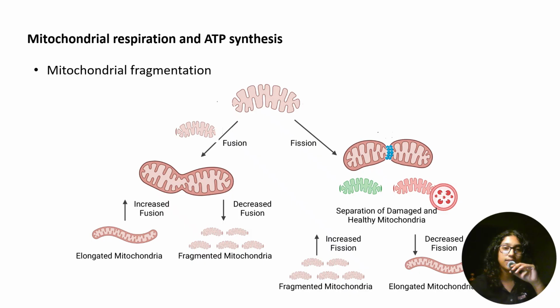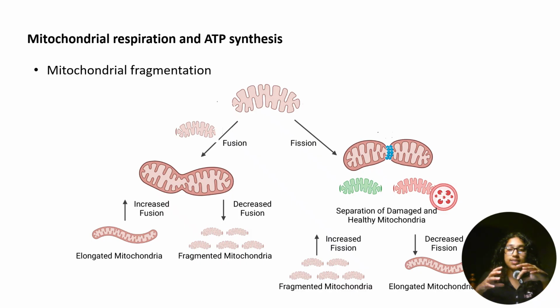As the name suggests, it is not just the fragmentation, but a part of the cycle where the mitochondria actually undergoes fusion and fission. So in fusion, there is a net increase in fusion activity, and that is when the mitochondria become more elongated. Well, the diagram says just elongated, but sometimes they become more spherical.